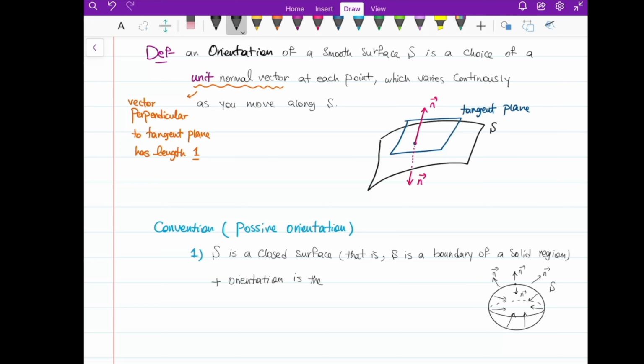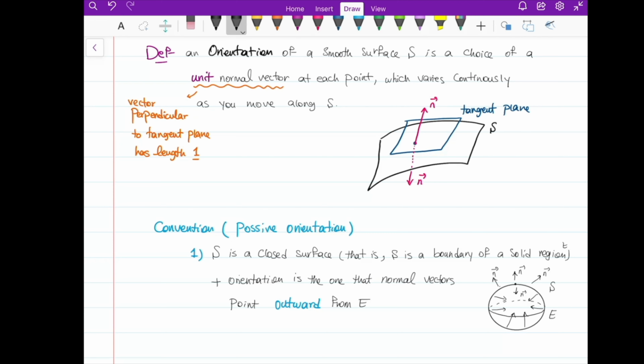So the positive orientation is the one where the normal vectors point outward from E. This is E, the solid region E.